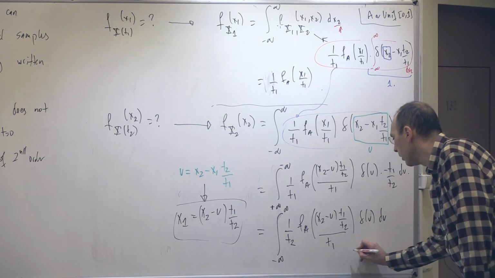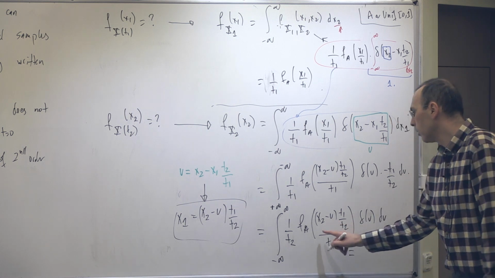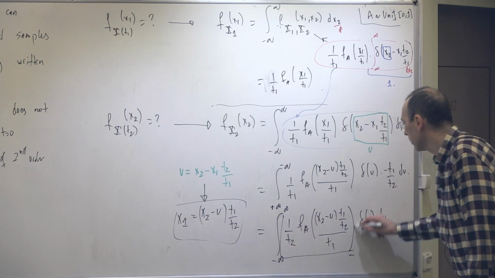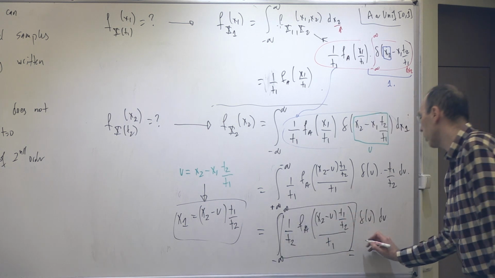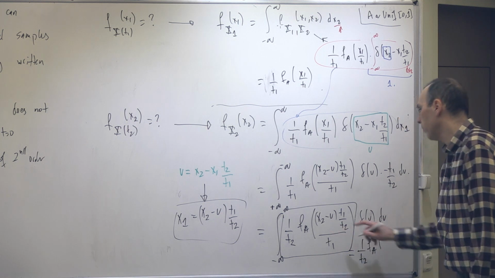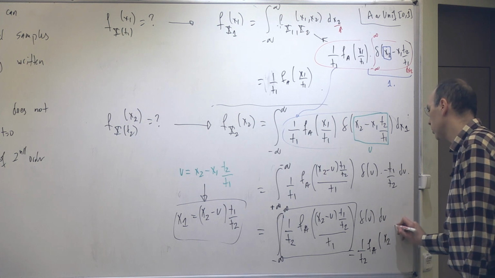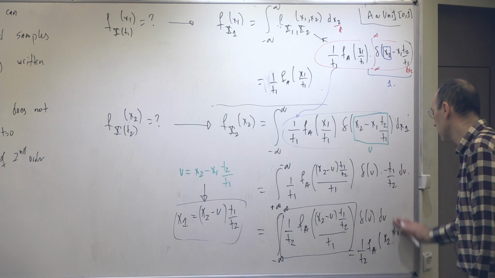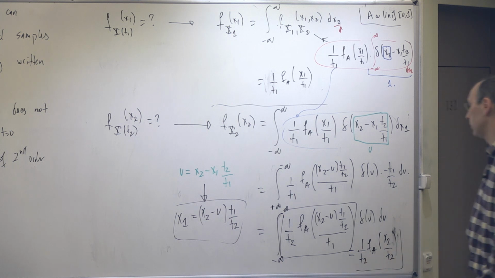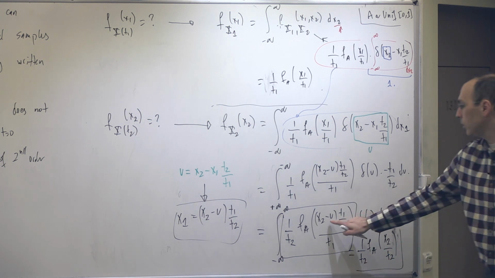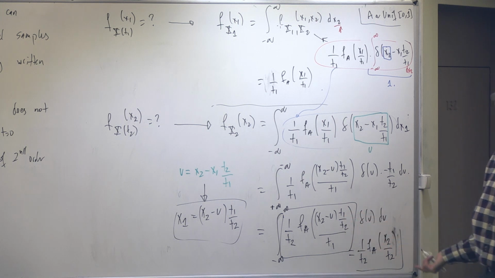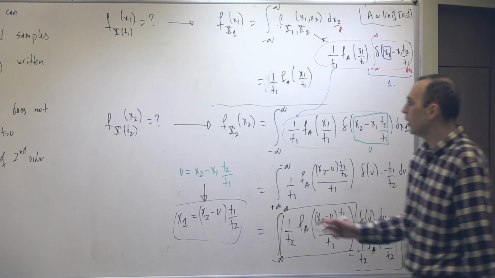So I'll be just evaluating this at u equal to 0. F of a, when u is equal to 0, x2, t1 cancels, t2, that is it. Do you agree? When u is equal to 0, t1 cancels, I have t2, that is it. So, very good.